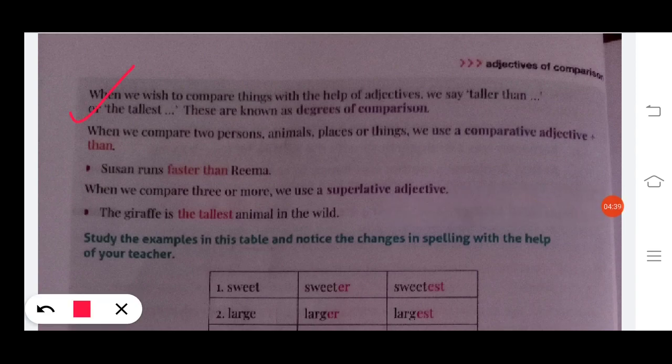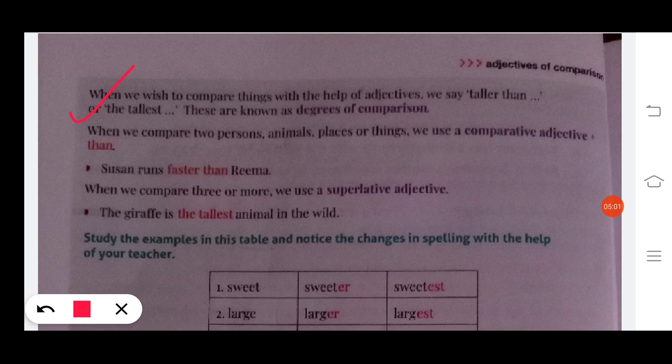When we wish to compare things with the help of adjectives, we say taller than or the tallest. These are known as the degrees of comparison. Children, you have learnt degrees of comparison before: positive degree, comparative degree and superlative degree.